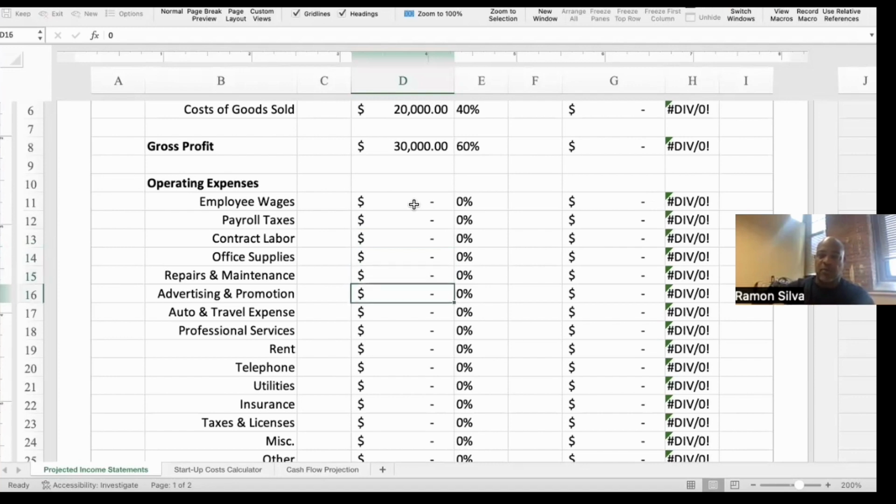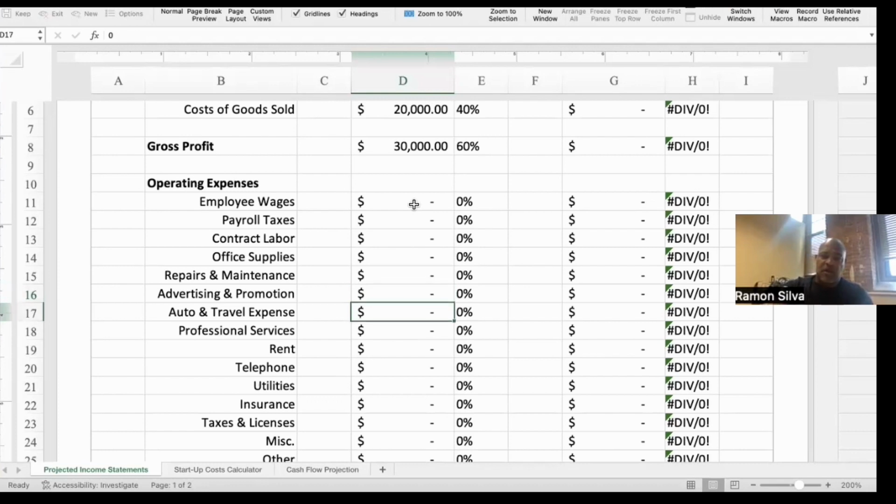Advertising and promotion is pretty straightforward, but be sure to look at what you're paying for Facebook ads, website hosting, website design, and any monthly website hosting fees, or any type of advertising or promotion, even if it is typical print media or if it is web-based.